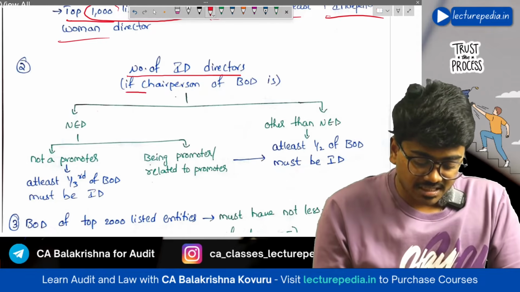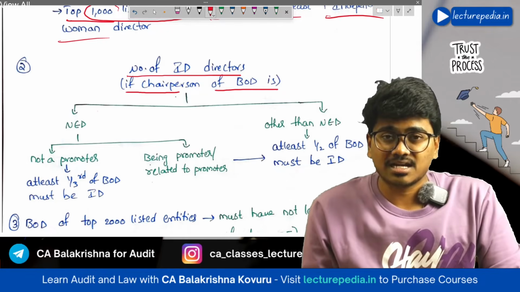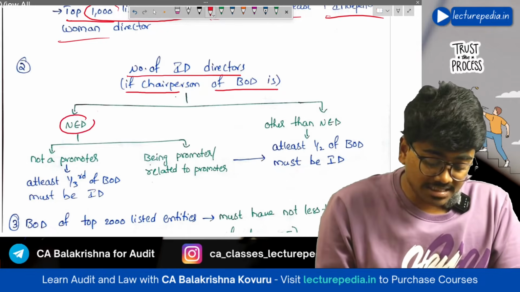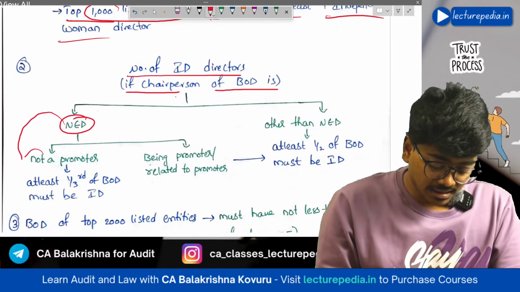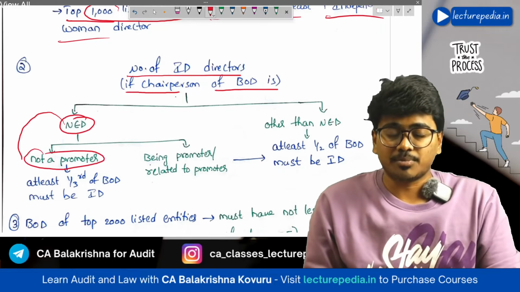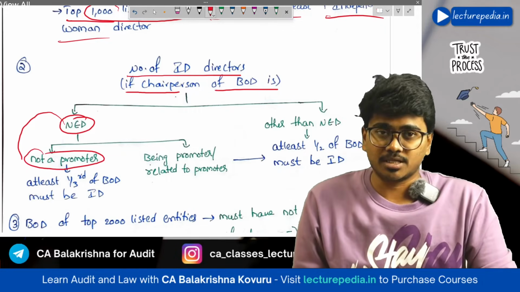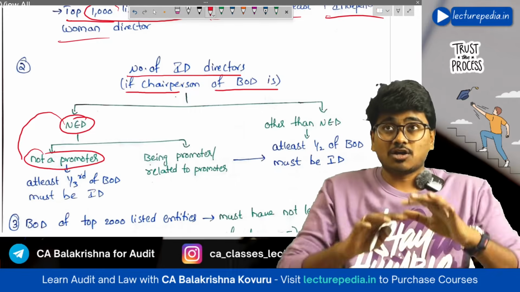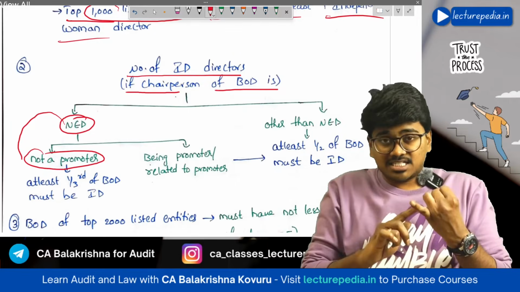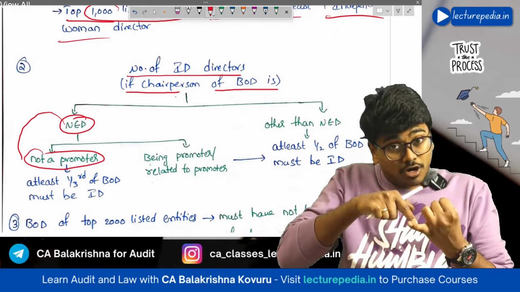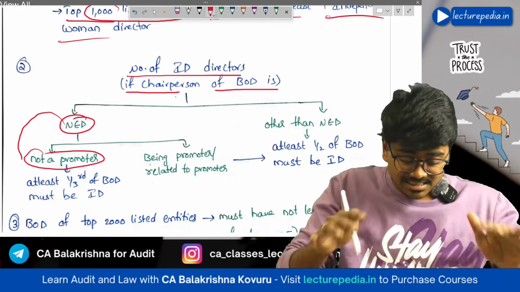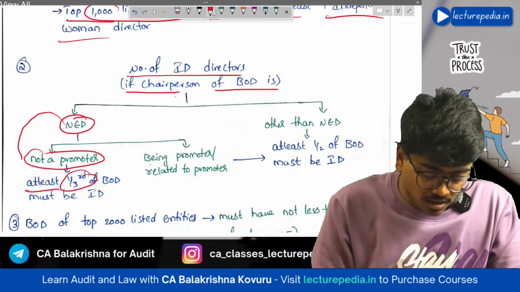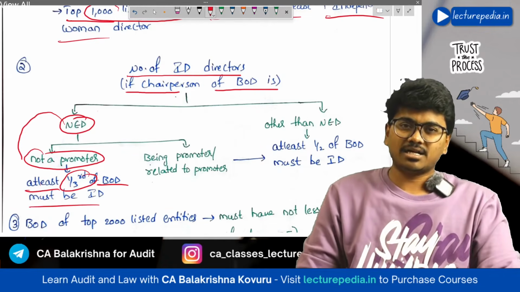If the chairperson of the board of directors is a non-executive director, and such non-executive director is not a promoter of the company, promoter meaning the person who has started the company, in such a situation, at least 1/3 of the board of directors must be independent directors.